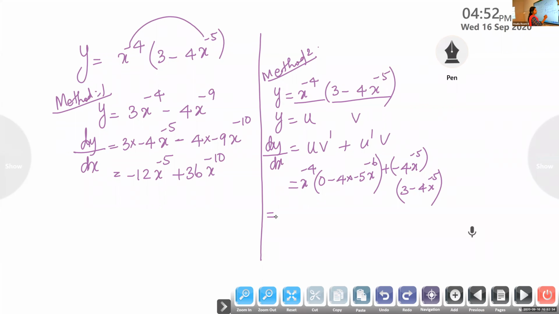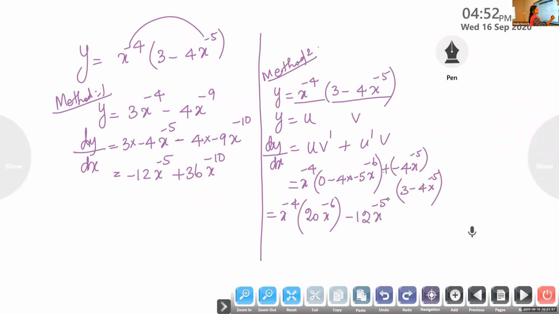This is same as x raised to minus 4 into, this is 20 x raised to minus 6. Plus into minus is minus. 4 3s are 12. 12 x raised to minus 5.